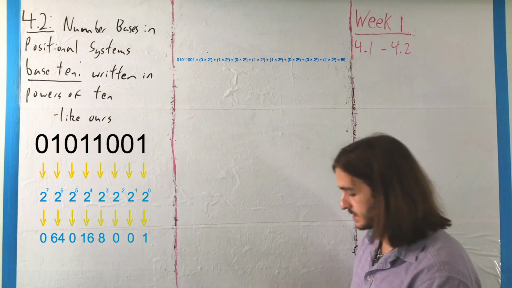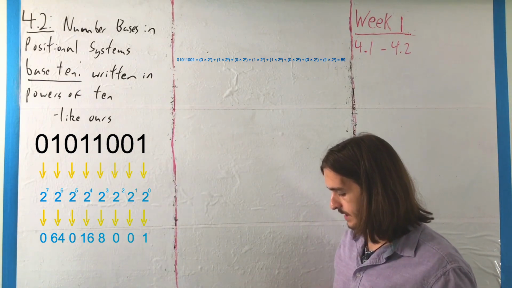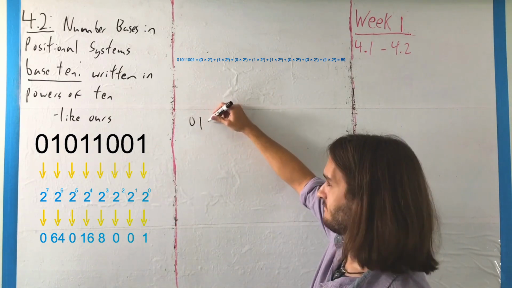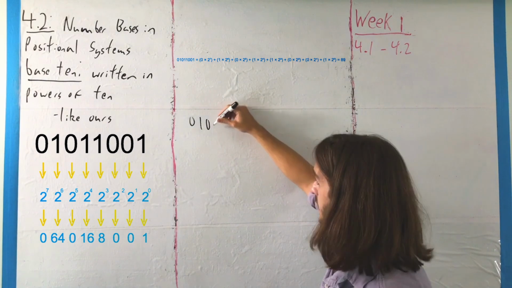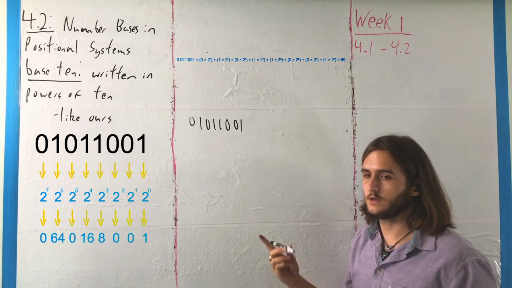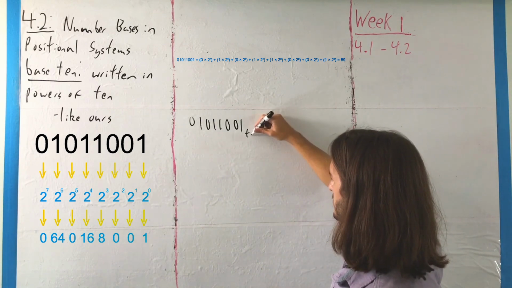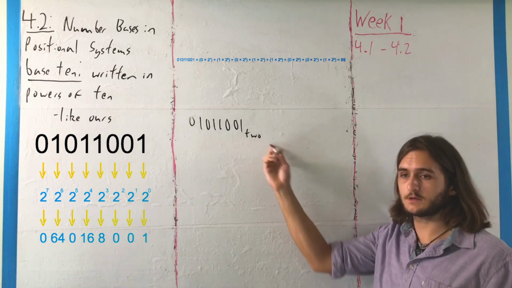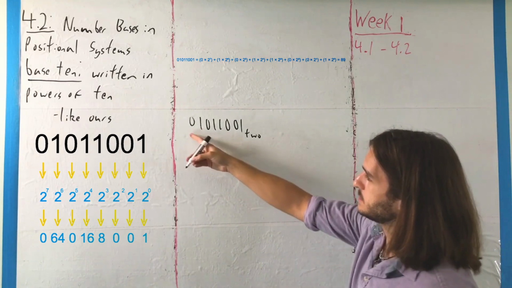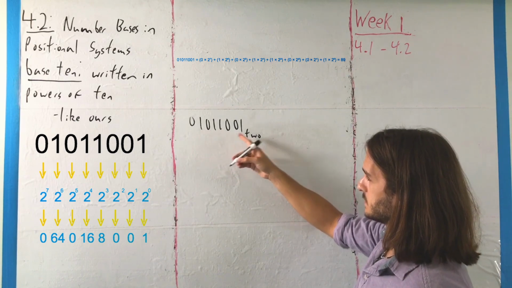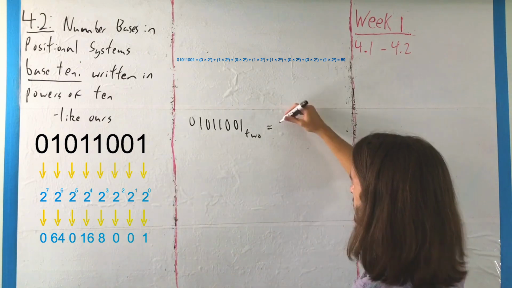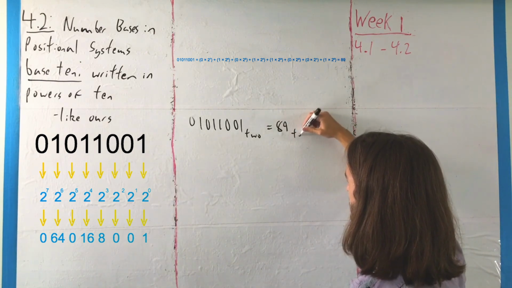Sometimes, just to be sure that we're actually referring to the things that we want to, because this is a binary value, we want to identify that this is in base 2, so you write a little subscript with the number for the number base, where we could say that this value, 0, 1, 0, 1, 1, 0, 0, 1, there's a nice rhythm to it, doesn't it, is equal to 89 in base 10.